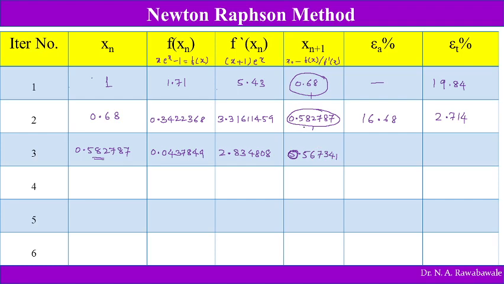Now we take approximate error. The previous approximation was 0.58. Now the revised approximation is 0.56. So we find out approximate error: 0.582787 minus the revised approximation which we obtained now, 0.567341, whole divided by 0.567341, into 100.